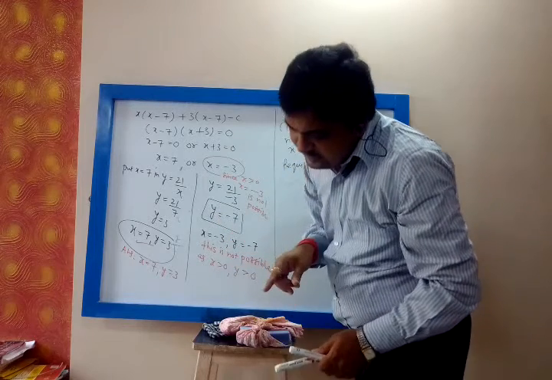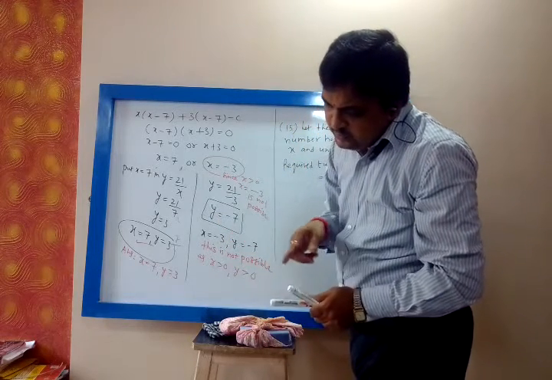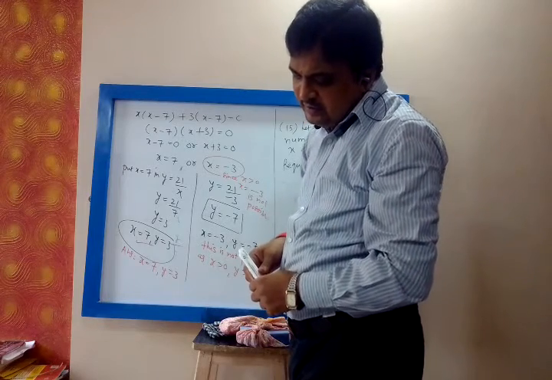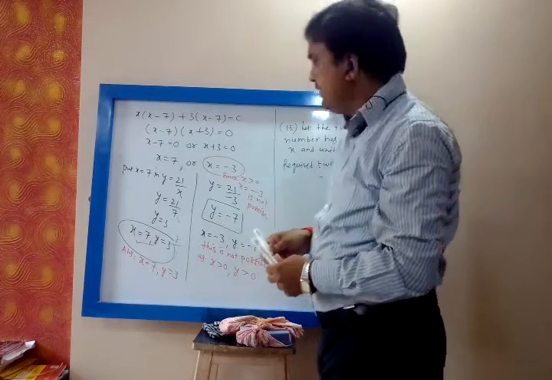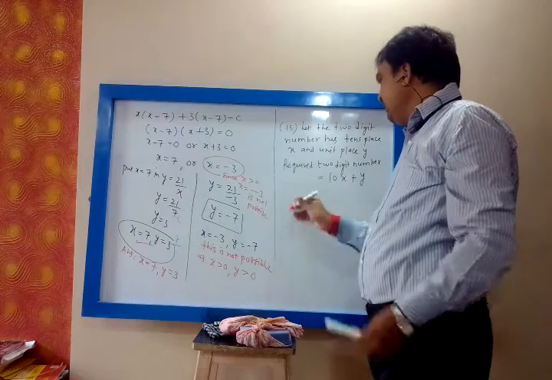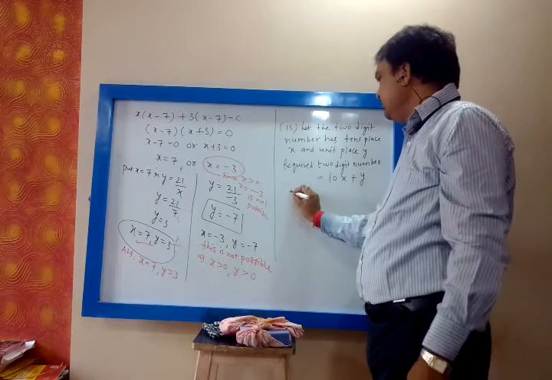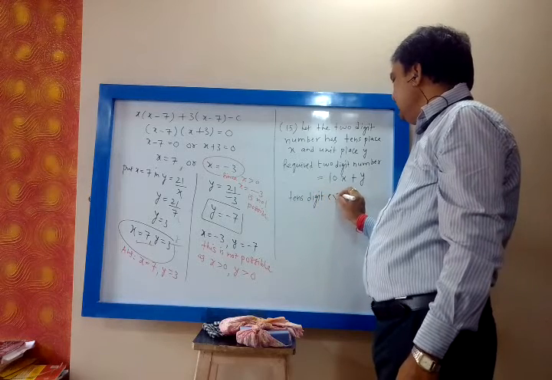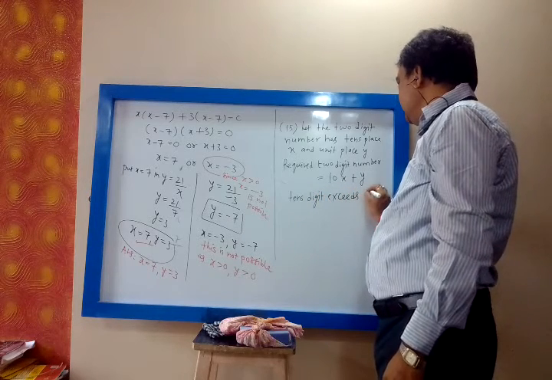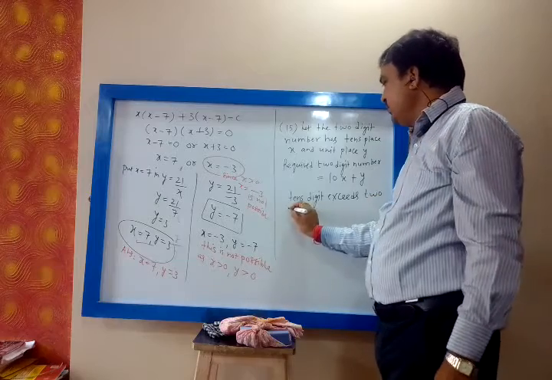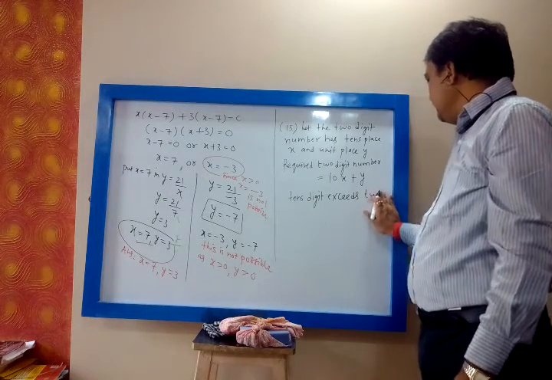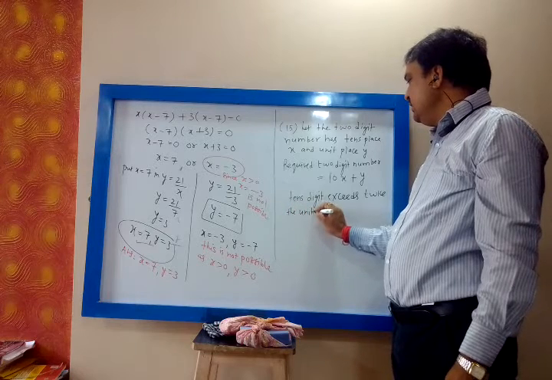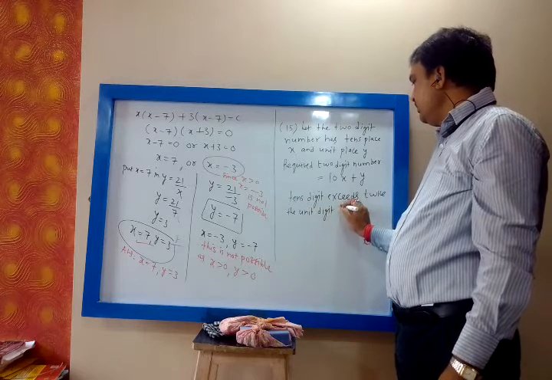Tens digit exceeds twice the unit digit by 2. What do you mean by this? Yes. Let me write first the question. Tens digit exceeds twice the unit digit by 2.